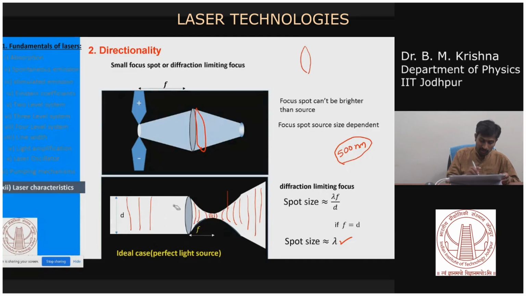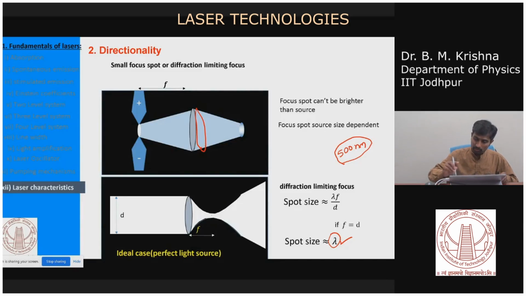You will study in wave optics how light waves propagate with the wavefront geometry. So you cannot focus to a point. That is diffraction limited, which means you cannot focus your light to a size smaller than your wavelength. That is the diffraction limitation, but with the ideal light source you can achieve a spot almost close to the wavelength of light.